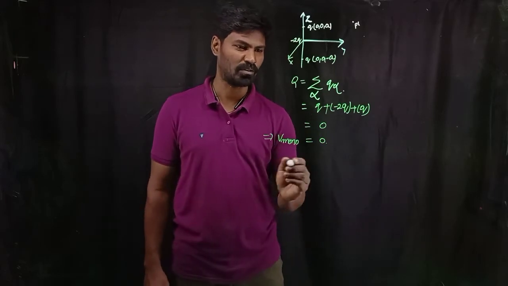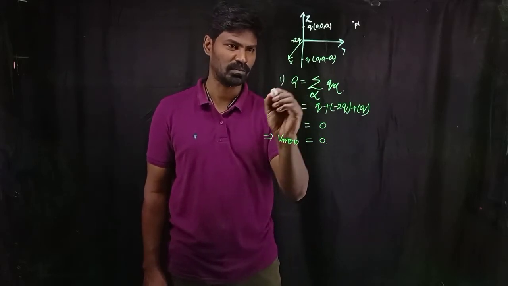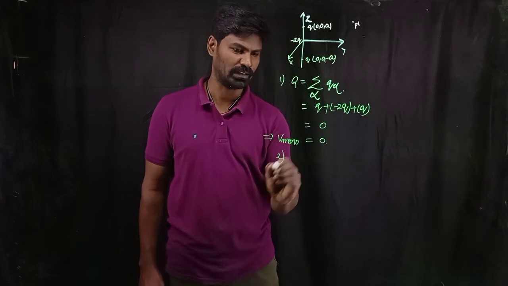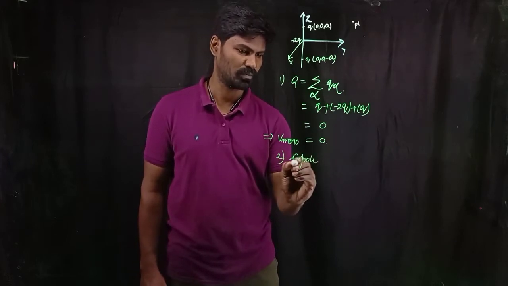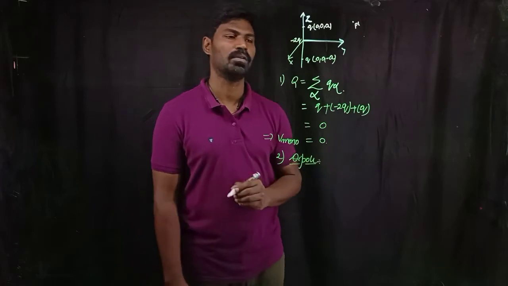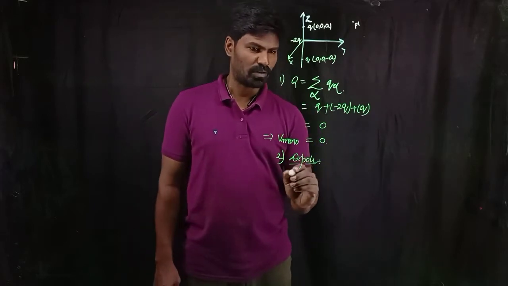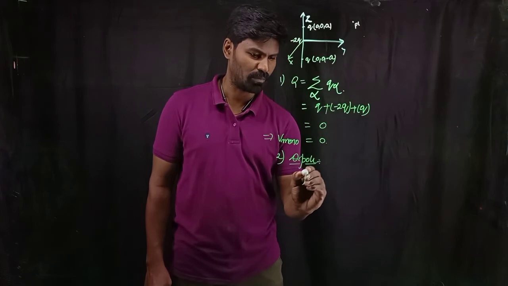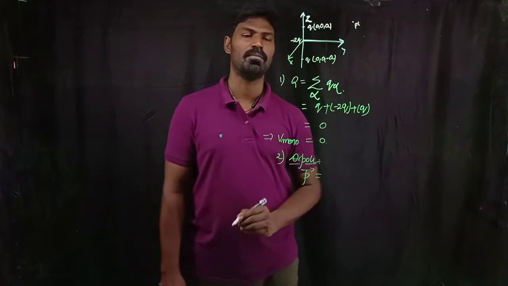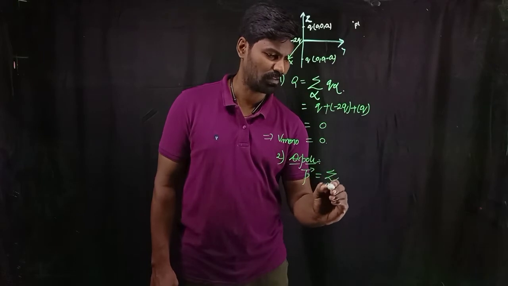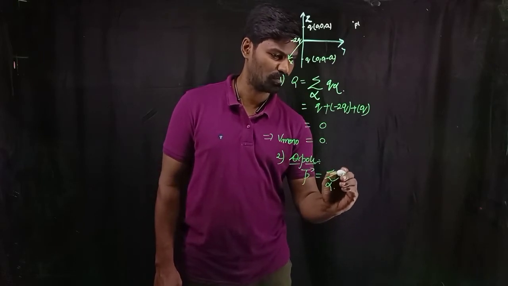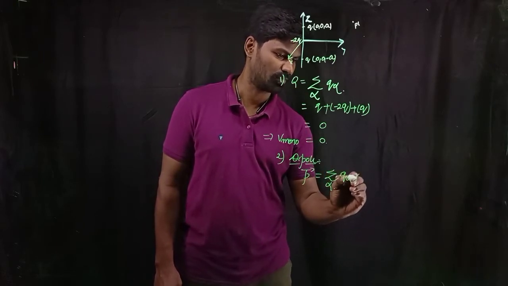The first term is done. The second term that I am going to calculate is the dipole term. From the definition of dipole moment, P bar is equal to the summation over alpha of Q alpha into R alpha.